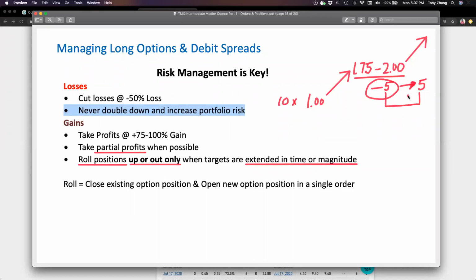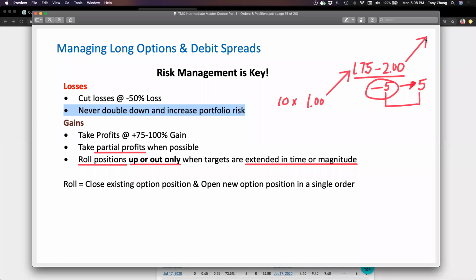Now, rolls, again, generally only work when you are profitable on a trade and you think it's going to make more money, and rolls are meant to help you continue that trade but take some risk off the table. And by taking risk off the table, you're really increasing your overall return on the trade eventually if the trade continues to move higher.